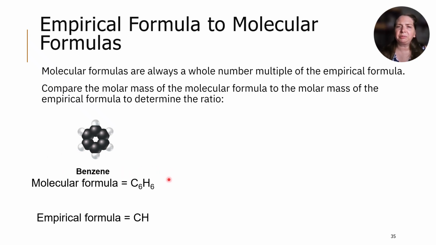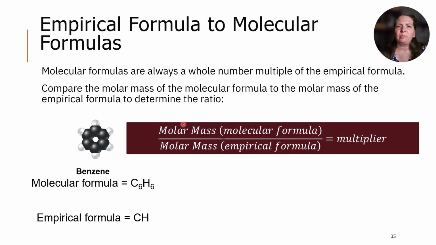The molecular formula is always a whole number multiple of the empirical formula. To determine the multiplier, we can use a ratio of the molar masses. We can take the molar mass of the molecular formula and divide it by the molar mass of the empirical formula to determine the multiplier.